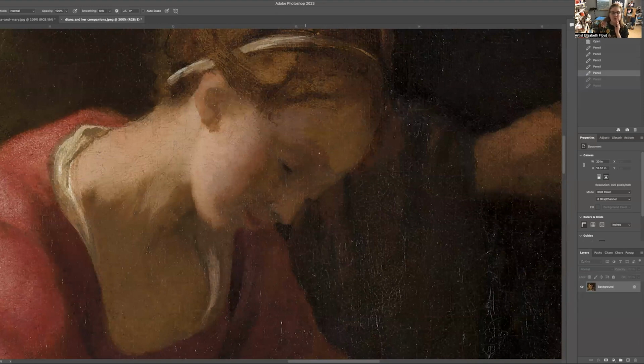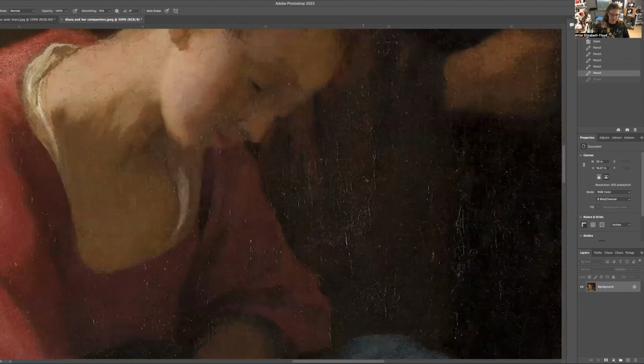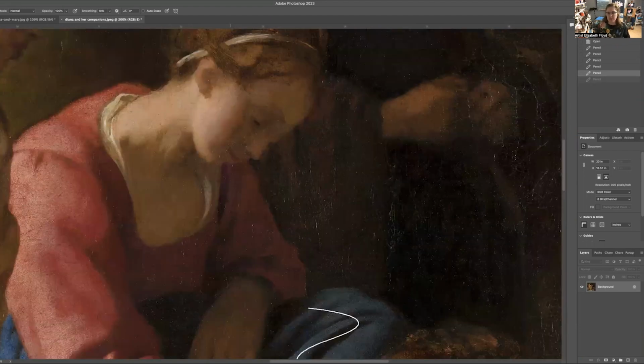And then for flesh tones, it looks to me as if this area was either heightened with a little bit more red ochre or red earth. And then, well, those are almost the same pigment. And then you have the smalt.